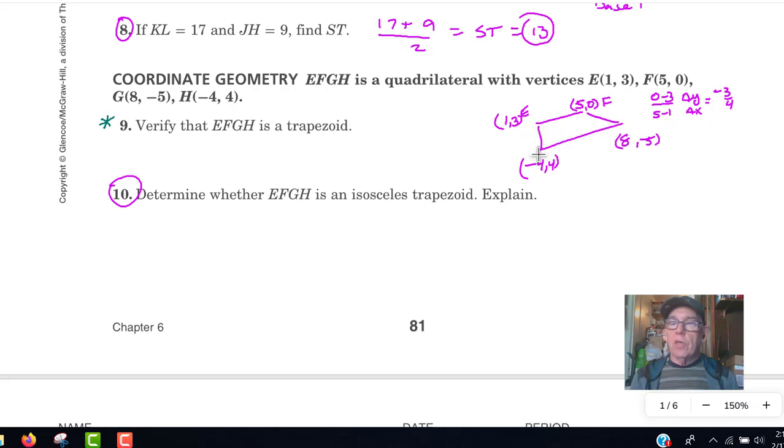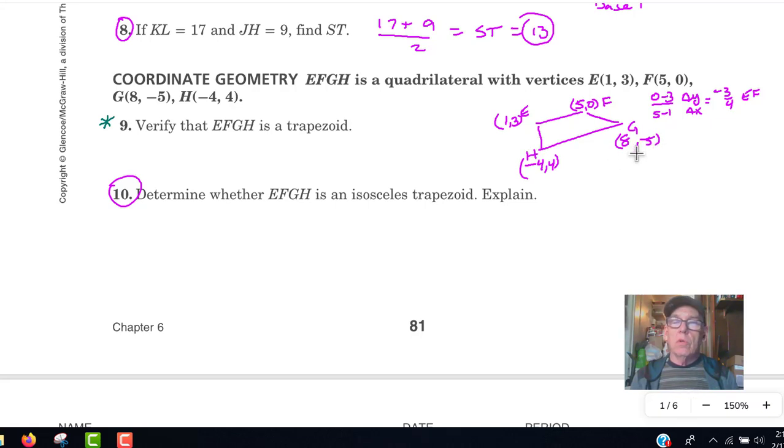If we check any of these other segments, this opposite side here, if it has the same slope, then we know we have one pair of parallel sides. But we would also have to check to see if these two sides have the same slope also. So we found the slope of EF. We need to also find the slope of GH.